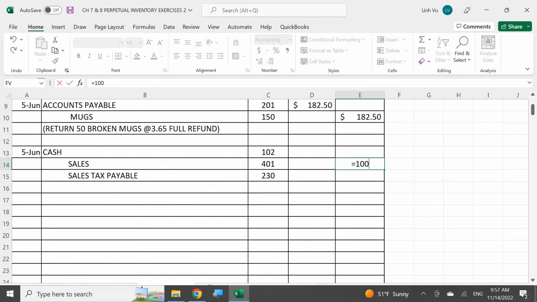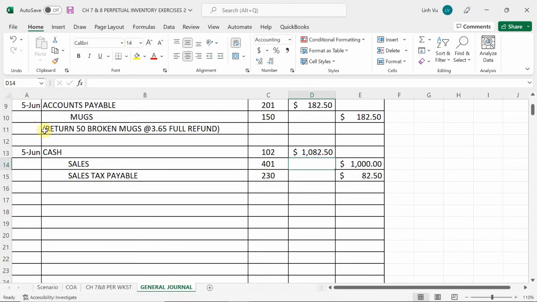So 100 at $10 each will give you 1,000, right? Tax is going to be 8.25%, which will give you $82.50. So you should be receiving $1,082.50.